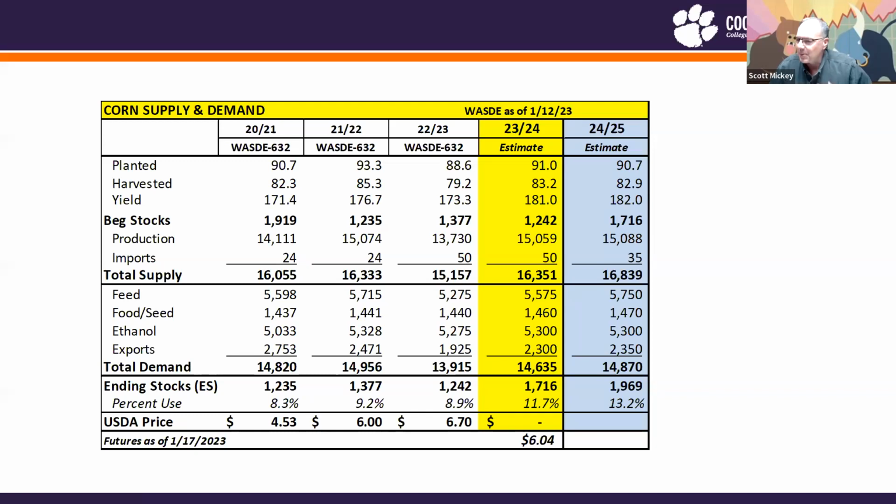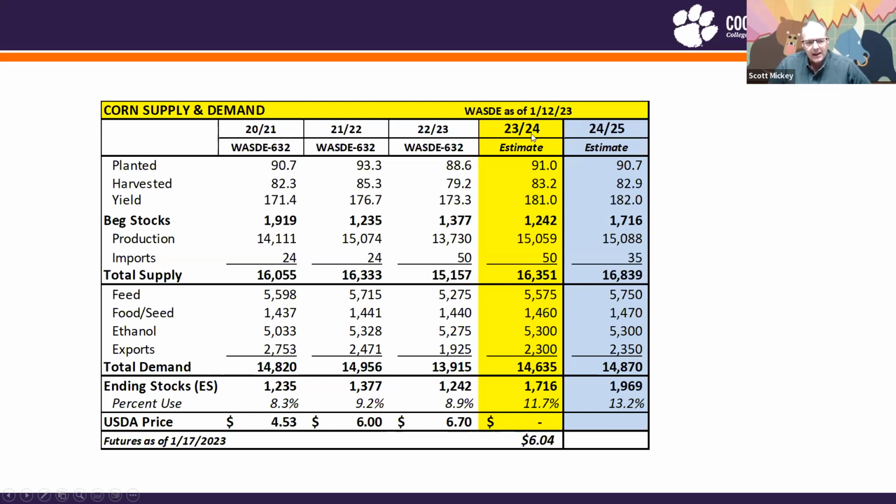I'm going to start with corn, like I always do. What I'm sharing with you is the USDA's World Agricultural Supply and Demand Estimates. This report came out last week on January the 12th, and it gives us an idea of what the supply of corn has been the last couple of years, and also what the uses or demand for corn has been.